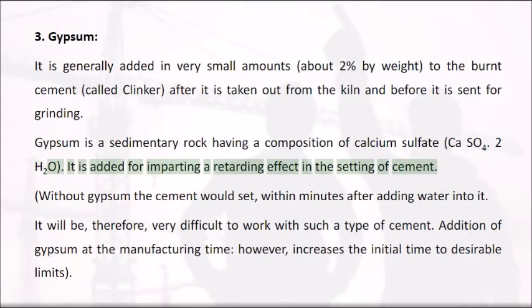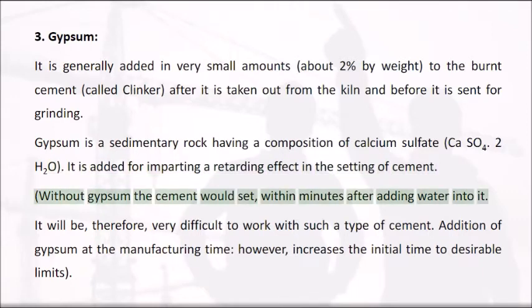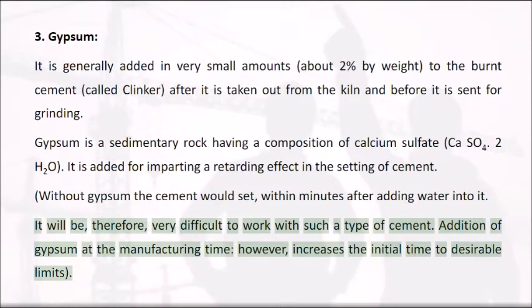It is added for imparting a retarding effect in the setting of cement. Without gypsum the cement would set within minutes after adding water to it. It would therefore be very difficult to work with such cement. Addition of gypsum at the manufacturing time increases the initial setting time to desirable limits.